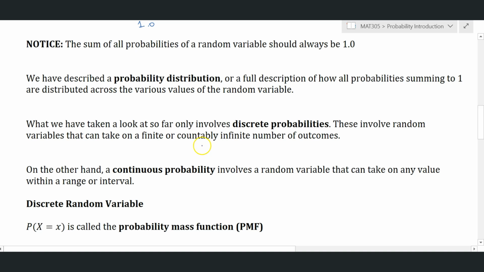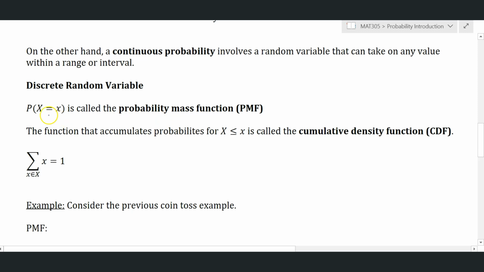I know that would be highly unlikely if it's a fair coin, but the number of times you have to toss it in order to get your first head could be countably infinite, because you could get it on your first toss, your second toss, your third toss, your fourth toss, all the way on up. On the other hand, a continuous probability involves a random variable that can take on any value within a range or interval. So we'll take a look at an example of both.